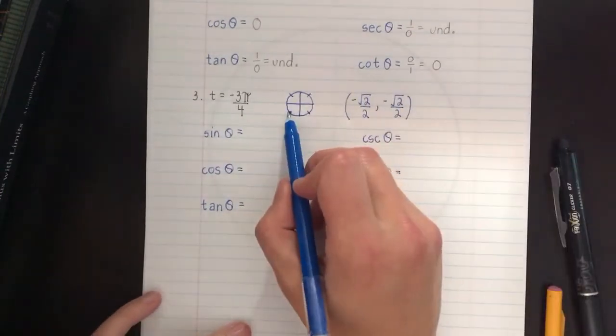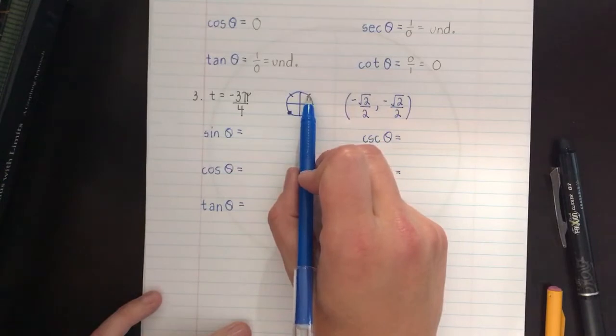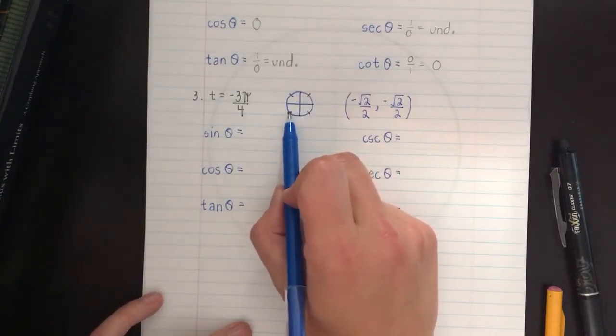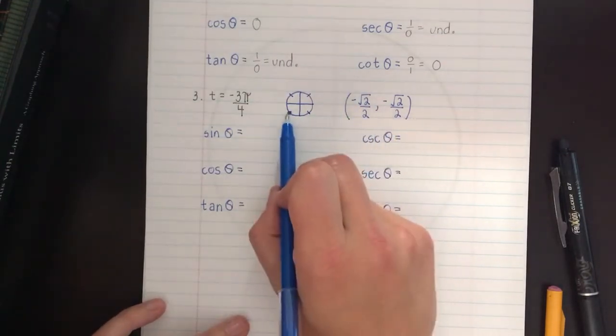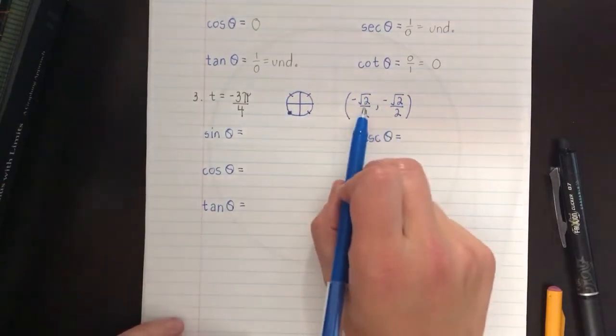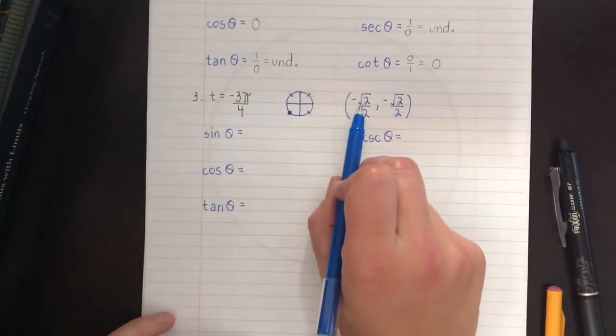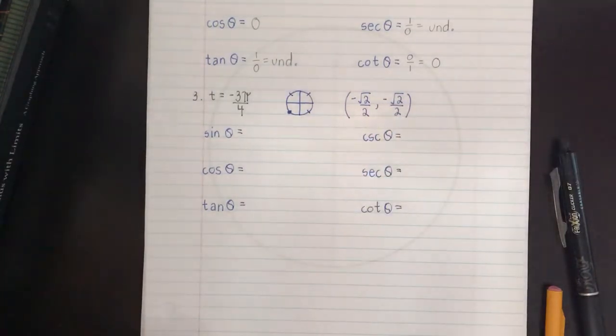So our coordinate here, remember these are our twins. So this one was square root of 2 over 2, comma, square root of 2 over 2. But in this quadrant, both the x and the y value of the twins will be negative. Because our x value is negative, we go left and we go down. So the coordinate here is negative square root of 2 over 2, comma, negative square root of 2 over 2.